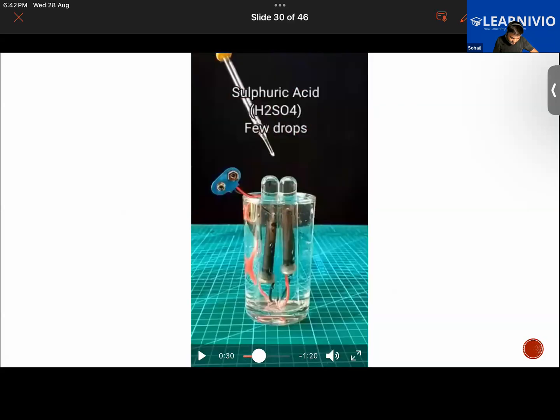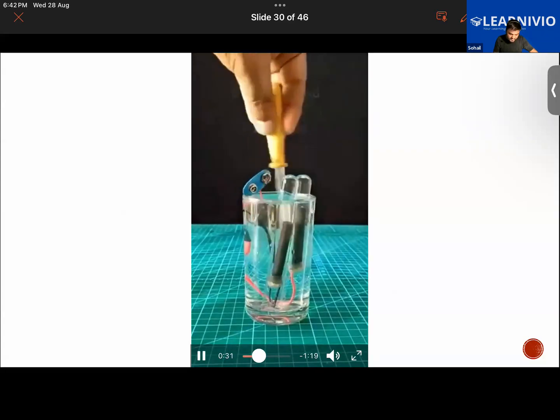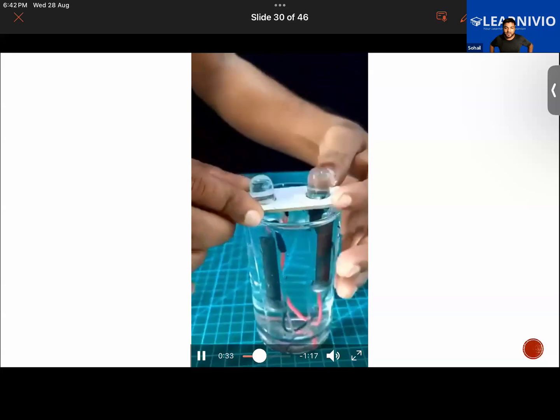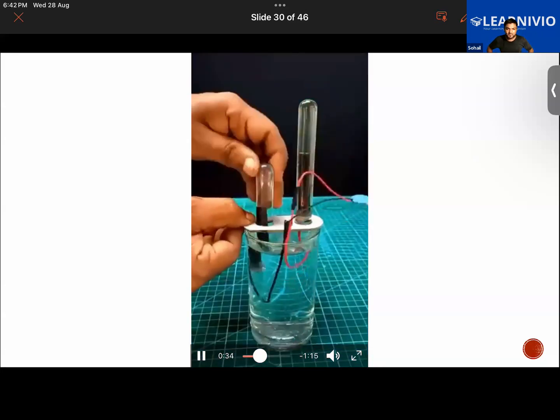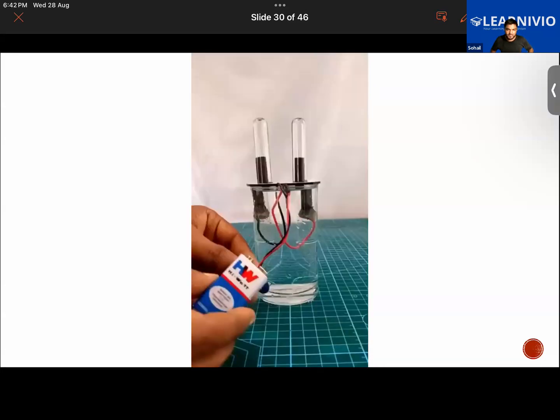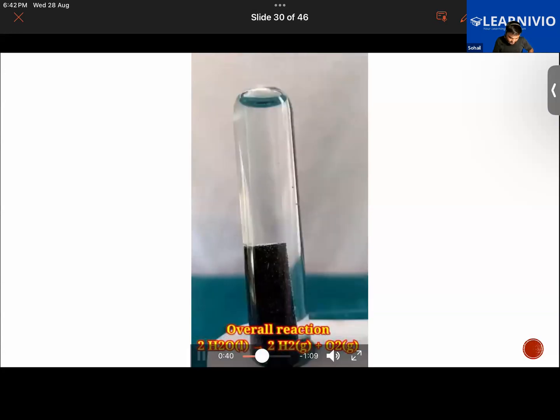Now, continuing from here, as he added the acid and connected the battery, see what will be happening once he connects the battery. Bubbles start to form right over here.